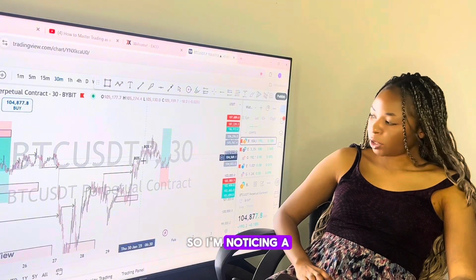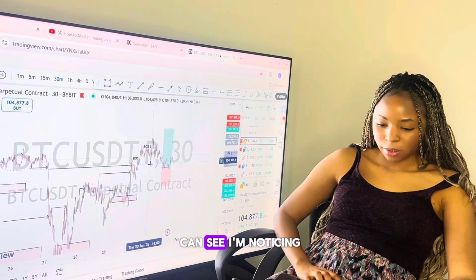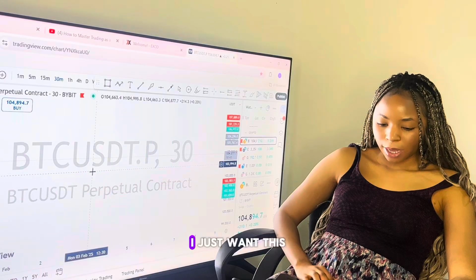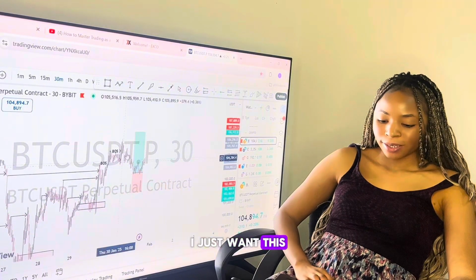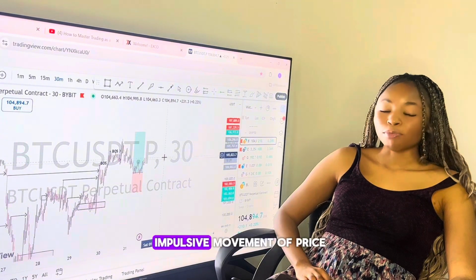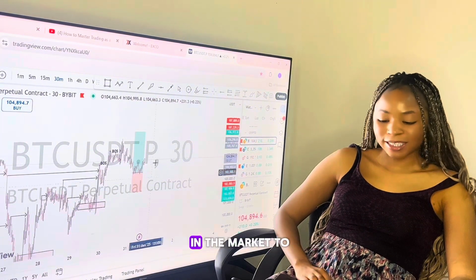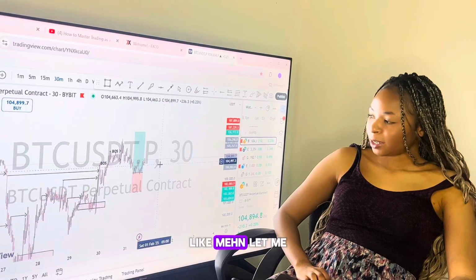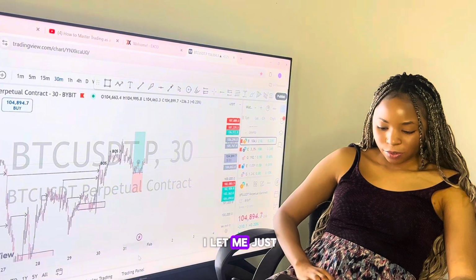I'm noticing a pullback here. I just want these bearish candles to stop forming. I want to see impulsive movement of price in the market to the upside.